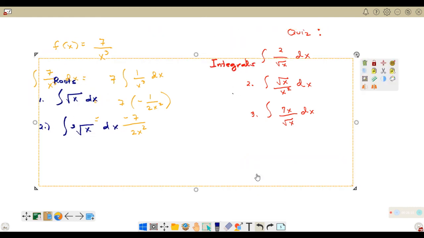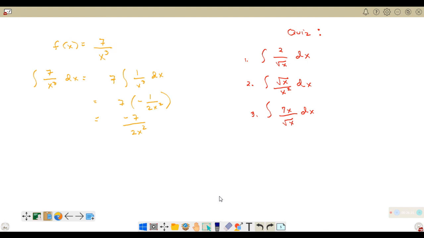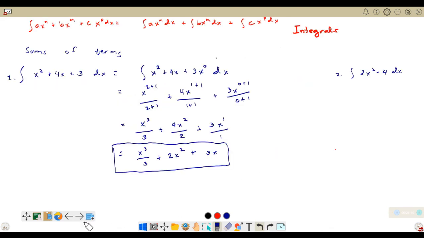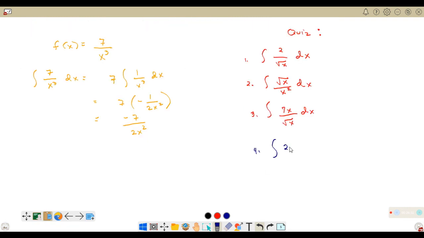Sulat ko na lang. 4 is equal to the integral of 2x squared minus 4 dx. Gawin natin 5 points each.